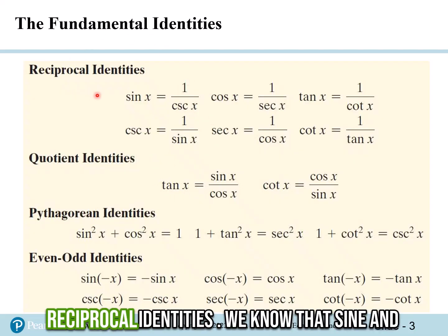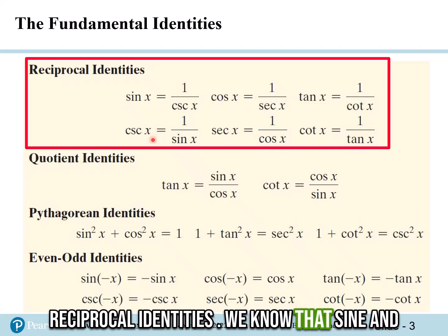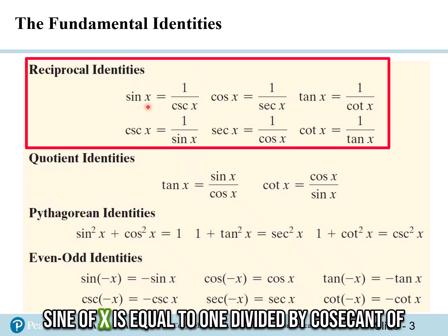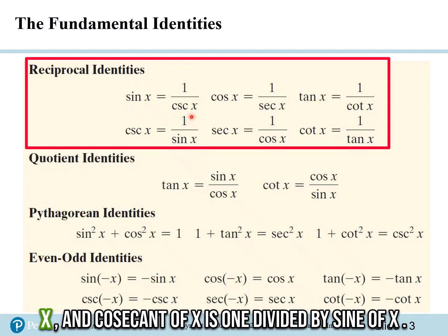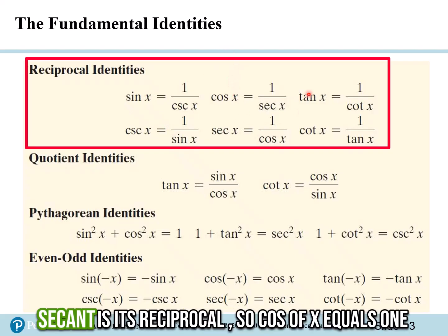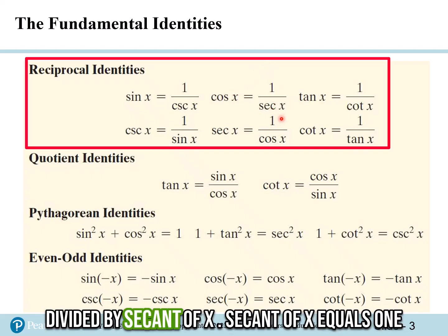We'll start with the reciprocal identities. We know that sine and cosecant are the reciprocals of each other. So sine of x is equal to 1 divided by cosecant of x, and cosecant of x is 1 divided by sine of x. For cosine, secant is its reciprocal, so cos of x equals 1 divided by secant of x.